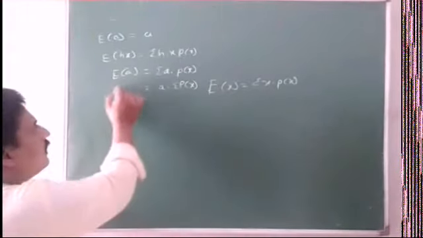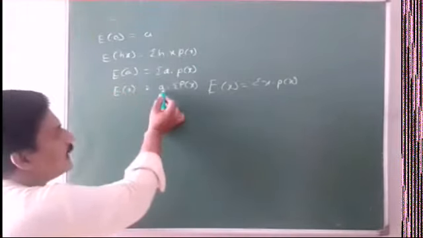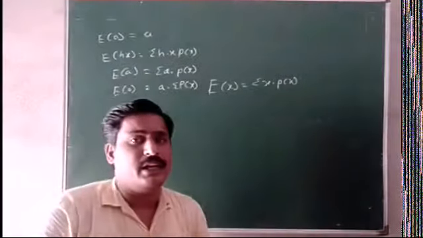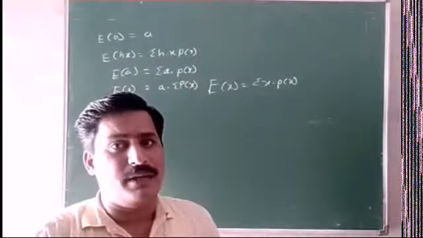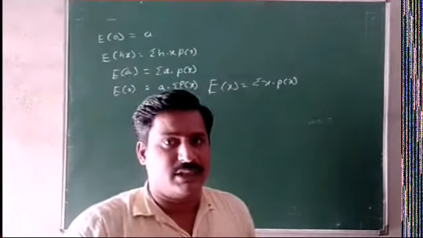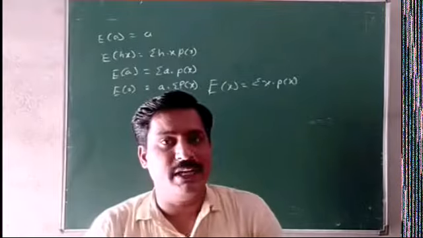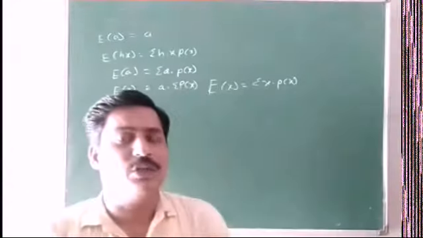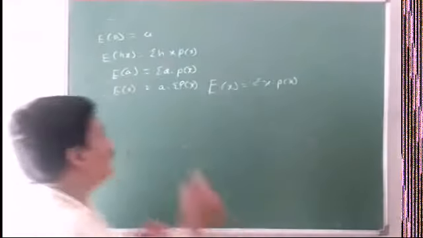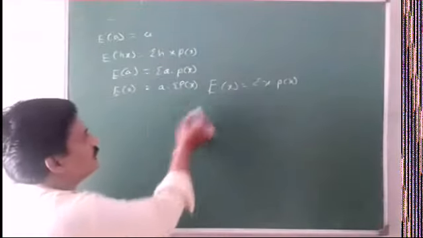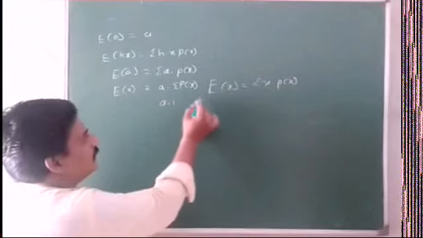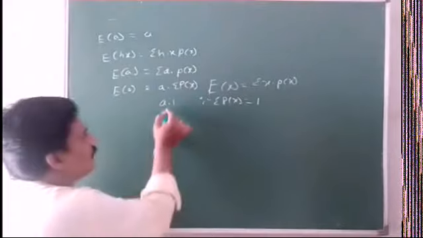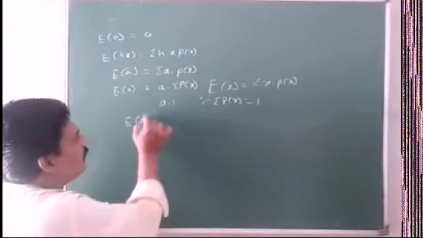So now E of a is equal to a into summation P of x, probability of x. We already learned that when we take the total of the probabilities of all the random variables, that total is equal to 1. So summation of P of x is 1, therefore a into 1. So what is left finally? E of a is equal to a.